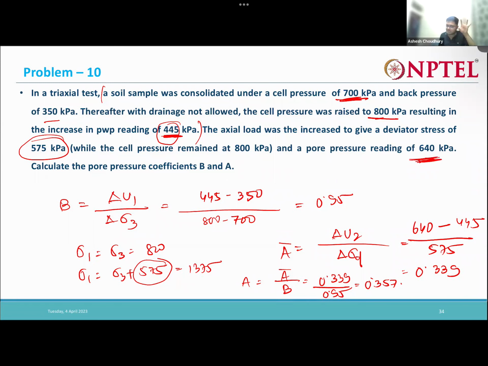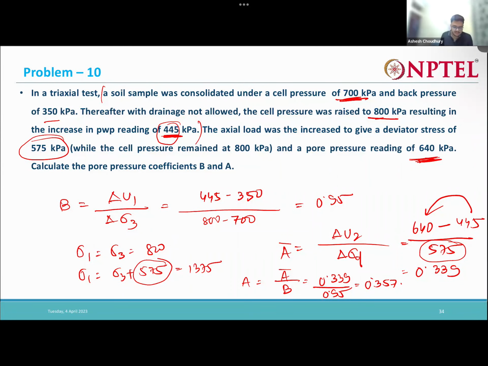Due to the application of this 575, my pore pressure increased from 445 to 640. So 640 minus 445, divided by the increase in my deviatoric stress, 575, will give me the A bar. Then you can find A equal to A bar by B.